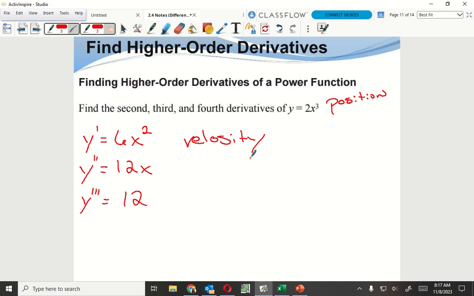The second derivative on this one is going to be acceleration. So, yes, we're going 45 miles an hour, but what is the rate of change of that? You know, Denny driving through that school zone, is he accelerating when he hit the kid, or is he decelerating like he was trying to hit his brakes before he hit the kid in that school zone? Accelerating, probably.